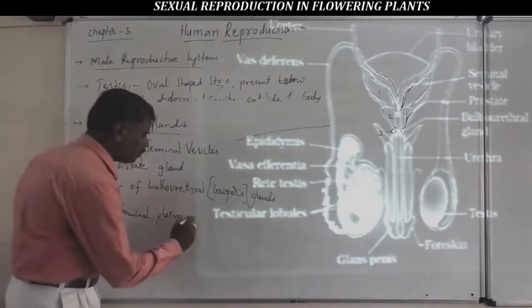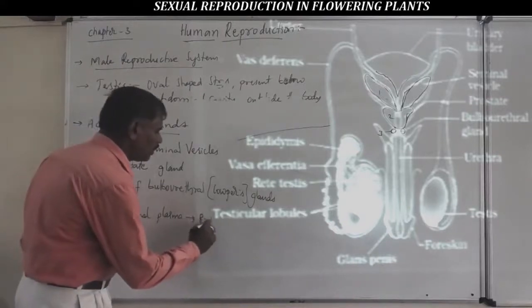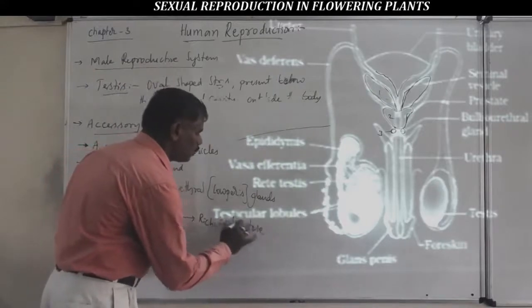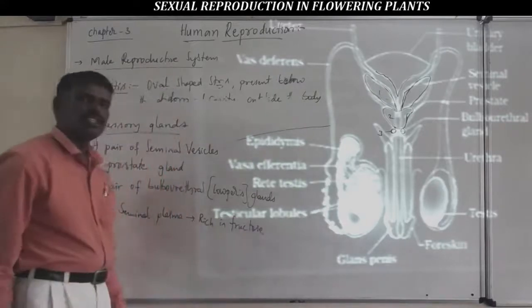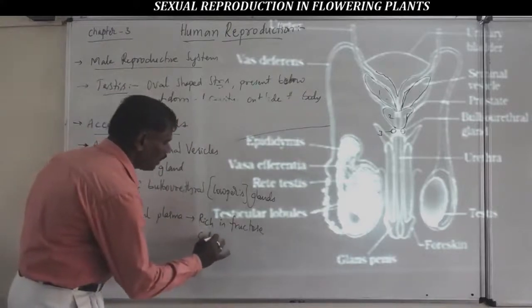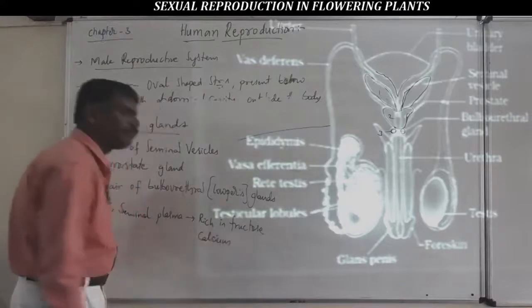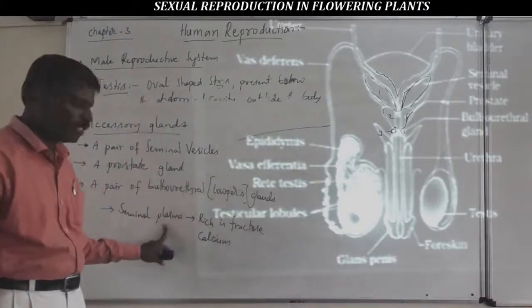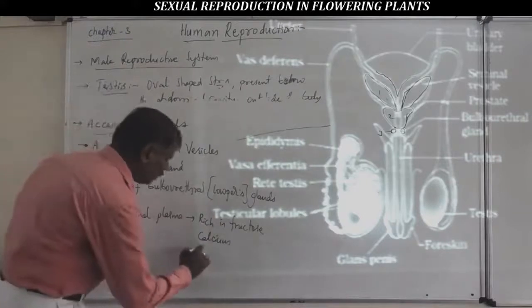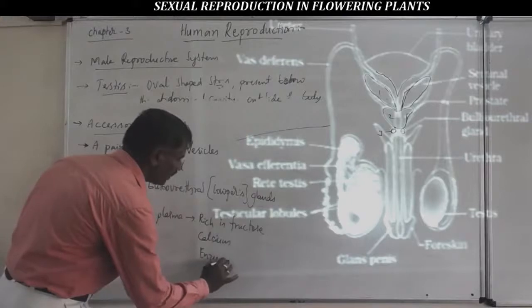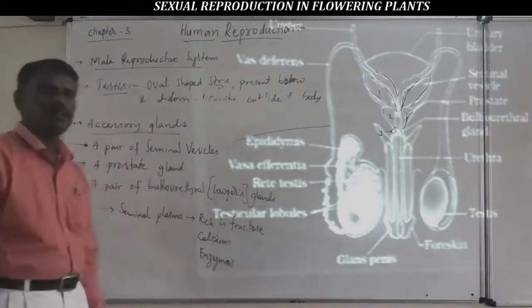The seminal plasma is rich in fructose, and also calcium ions, and certain enzymes are present in that seminal plasma or seminal fluid.